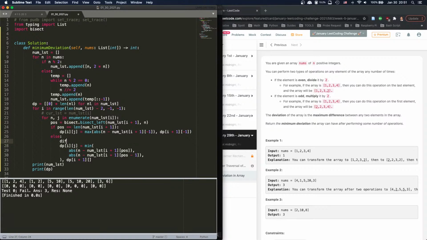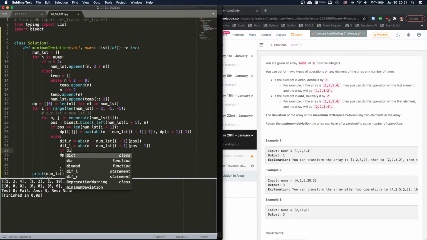Diff left equals this. I think explicit is better. Diff right is... I think I got it wrong, because this is actually left. This is actually right. So we have diff left, diff right, and then we say if diff left is... or what if they're the same?